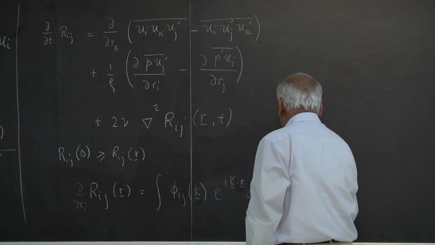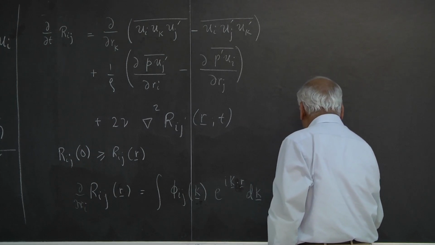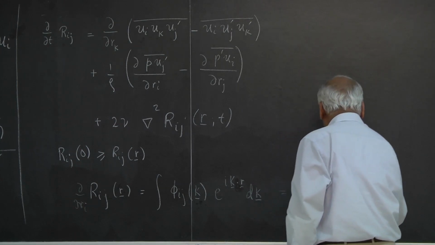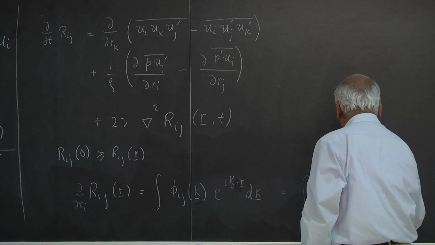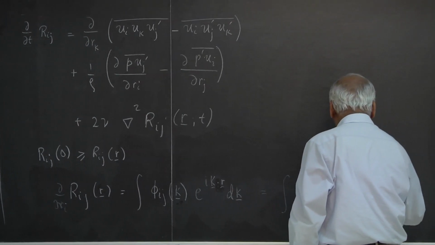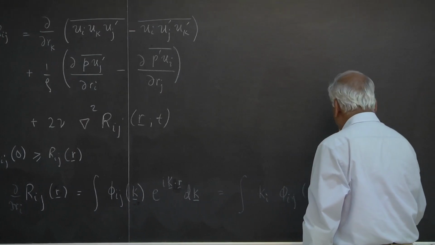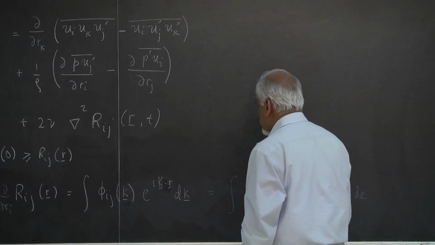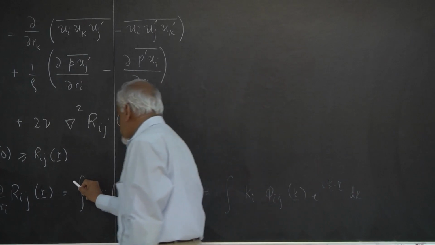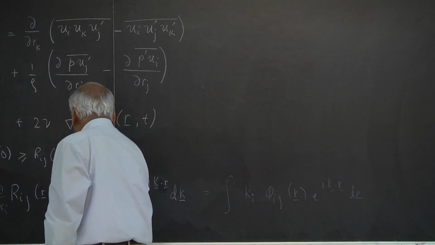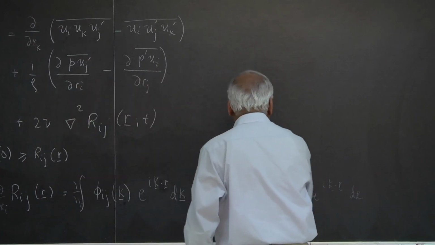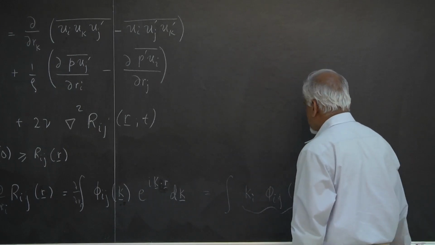Then you will simply have the integral of ki phi ij of k e to the power i k dot r dk. If that is 0 on the left hand side, this is d by d ri here, then this integrand will have to be 0.